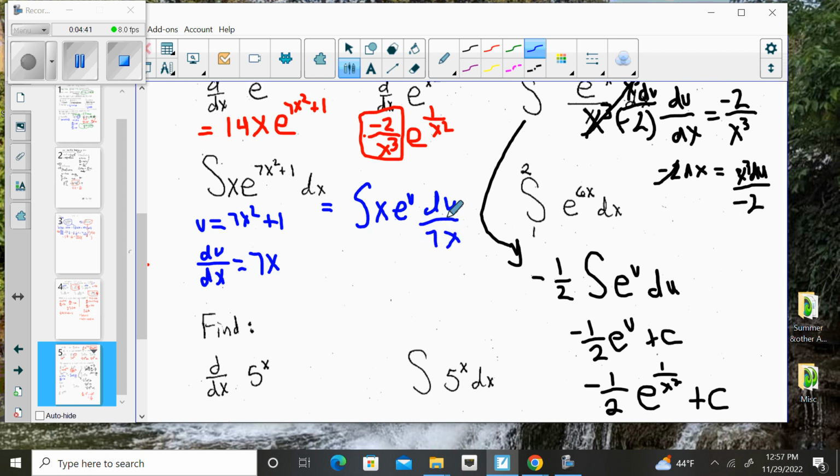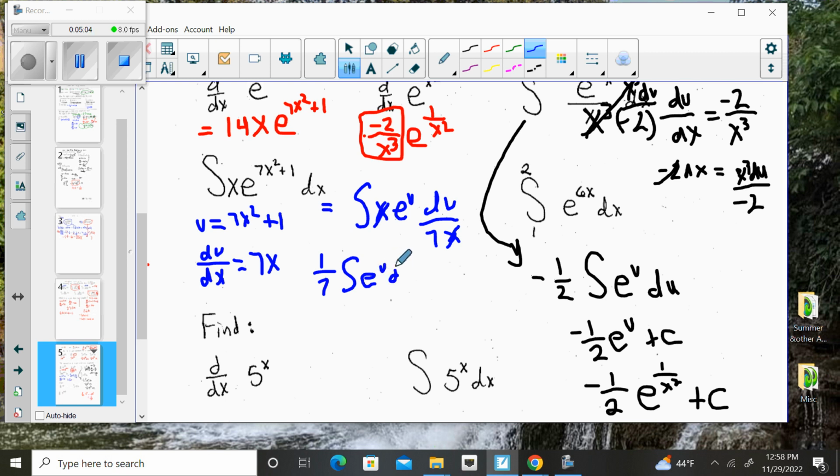The x's divide to 1. You're not supposed to say cancel anymore. Then that 7 in the denominator comes out in front. 1/7 times the integral of e to the u du.